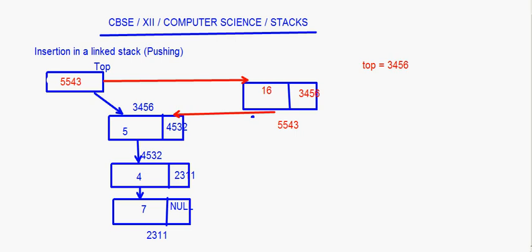So basically this link which we have made here, this link is not there now. This link I am breaking. Fine. So now we have inserted a new node. Earlier we had 3 nodes, now we have put 4 nodes here. And the address of the top will keep changing when you push an element into the stack.